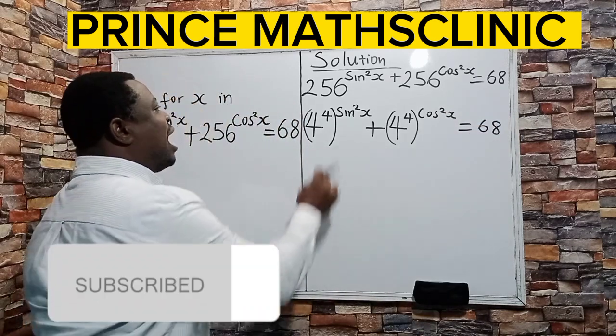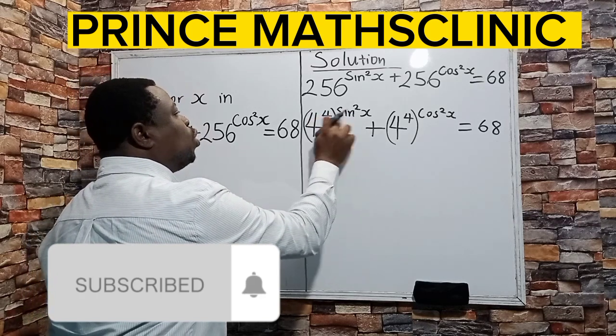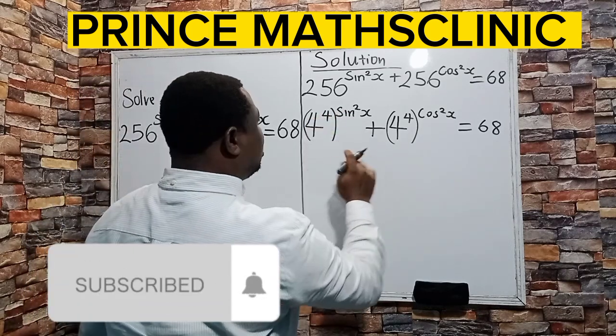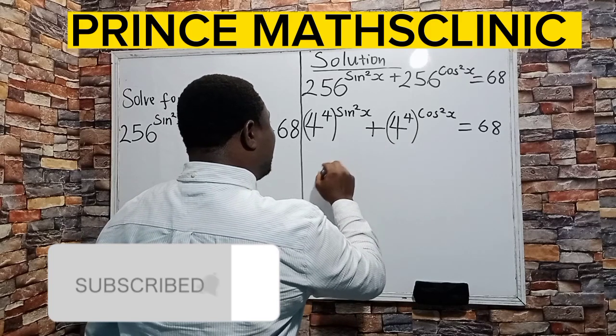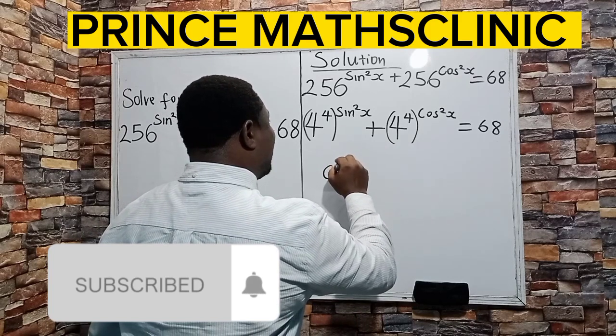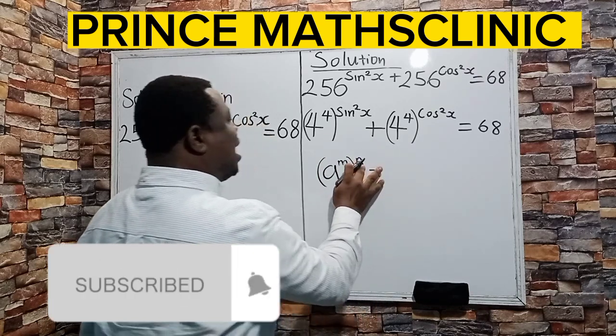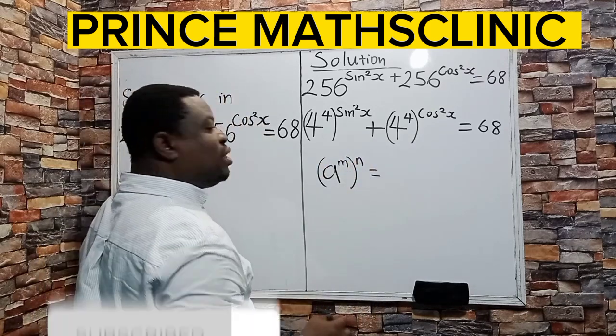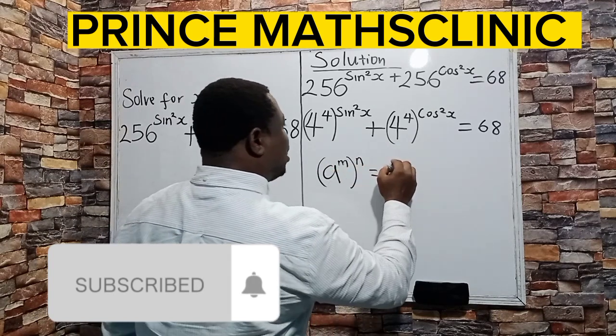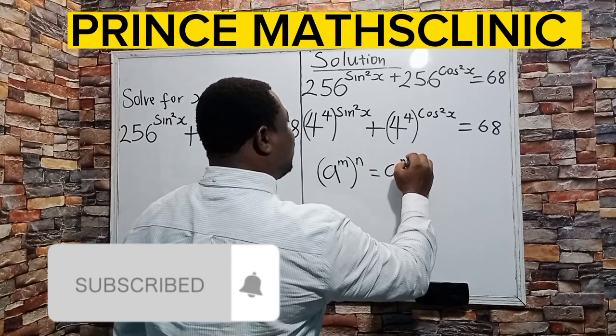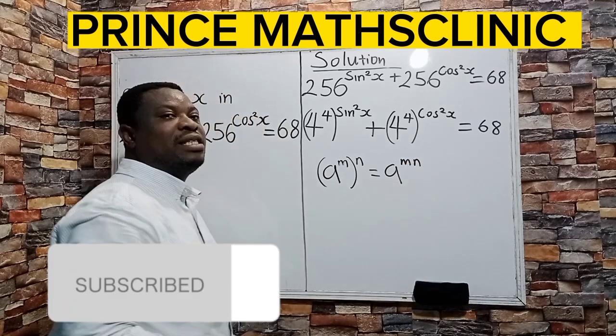Now, we can multiply these two powers together in indices. If you have a to the power of m, then another power n as well, it means that you multiply the two powers together, which becomes a to the power of m times n.